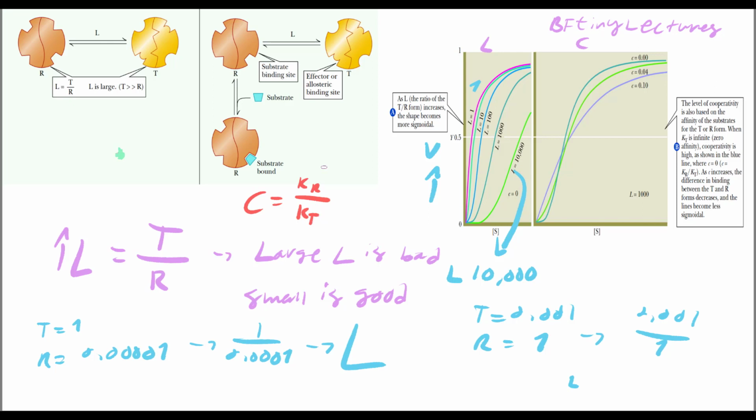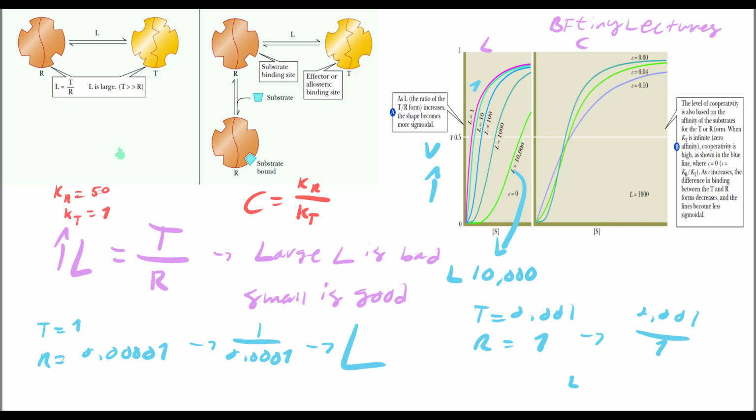So what does that mean? Essentially, you want the affinity of the enzyme for the substrate in the relaxed state to be high. So let's say that Kr is equal to 50, and let's say that Kt is equal to 1.